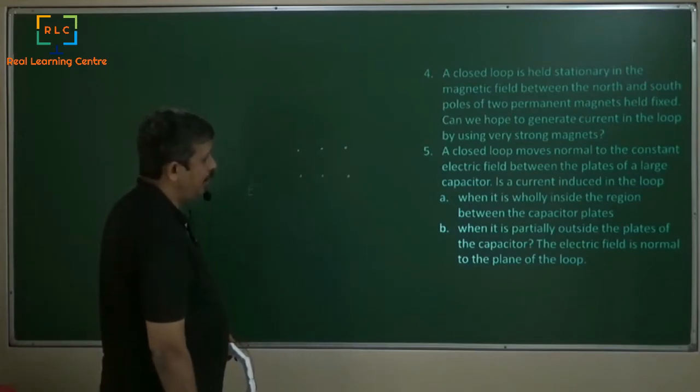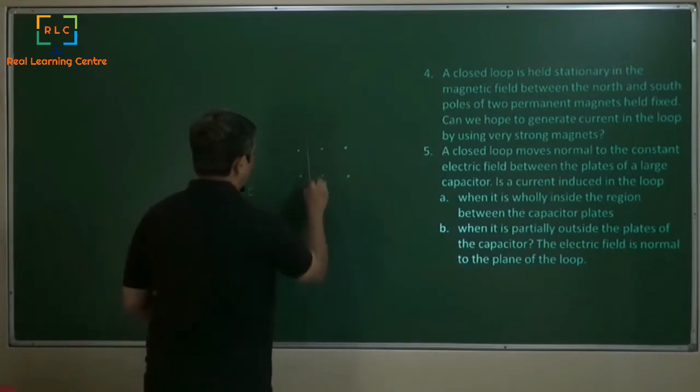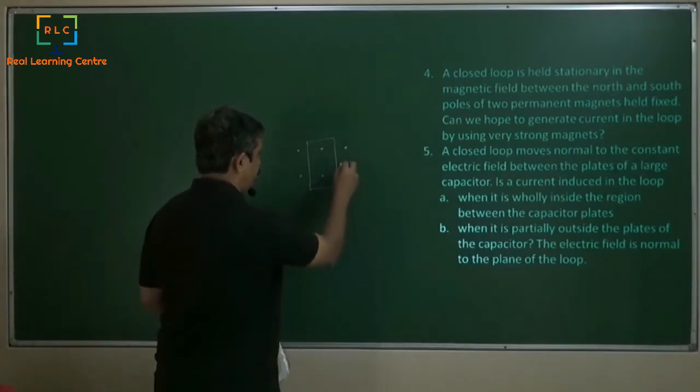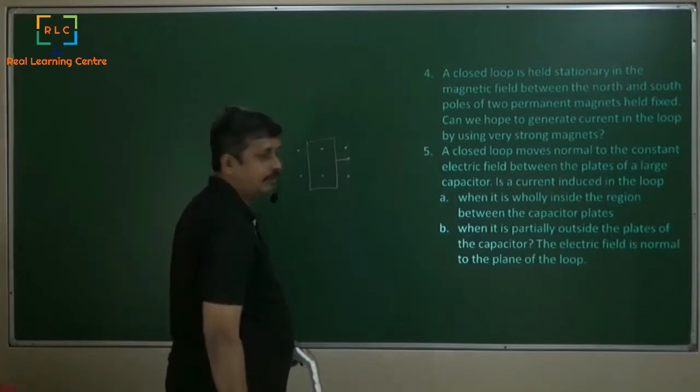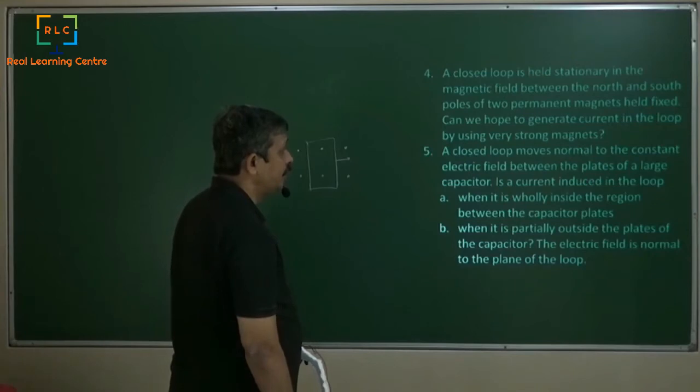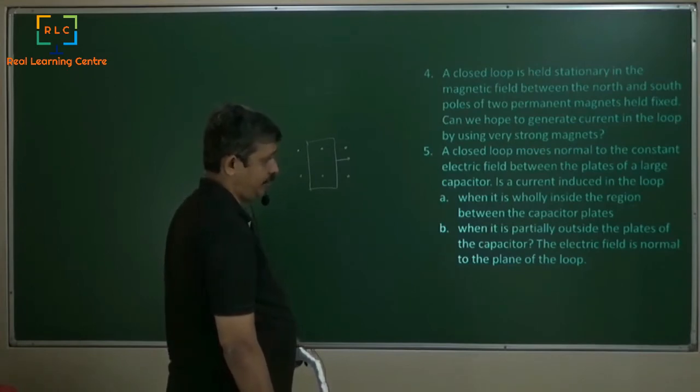And I will take a closed loop. It moves normal to the constant electric field, like this, between the plates of a large capacitor.